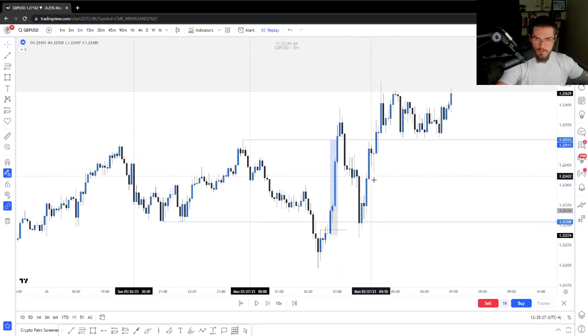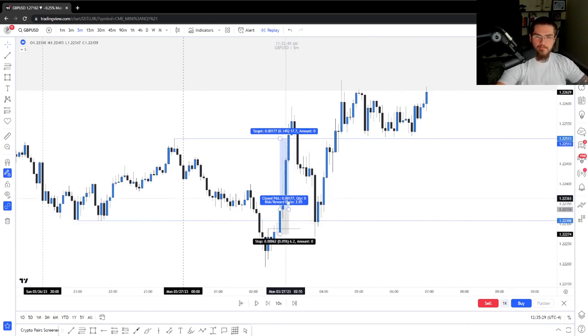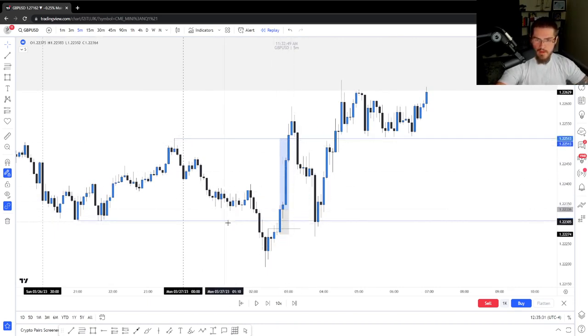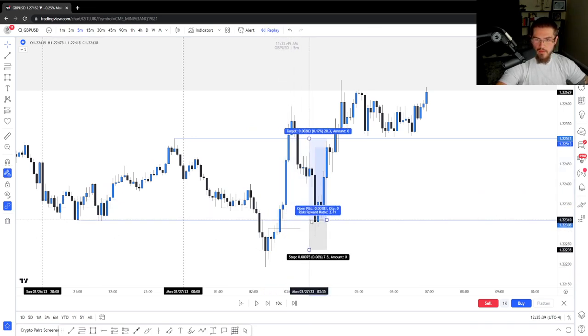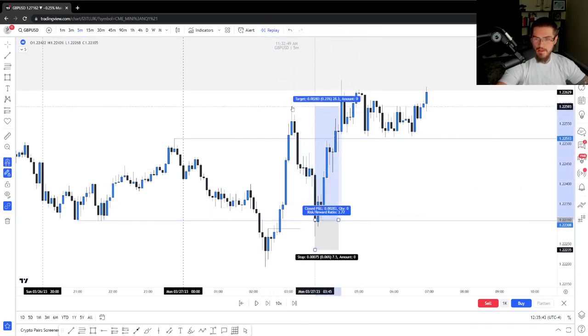So, another way you could have done this, let's say if you did wait for a retracement of this fair value gap, in this example, you would have gotten a pretty good entry right there, and you could have just targeted out this high, because that's way more than 2 risk to reward. You just target out 2 risk to reward, which would have happened very quickly.